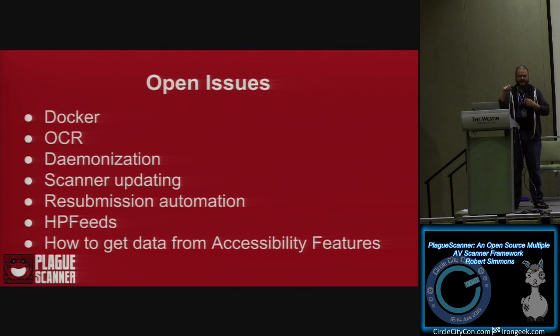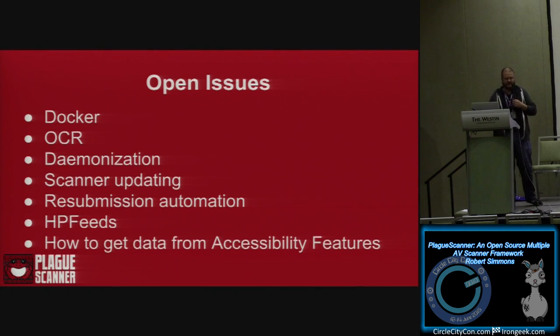I can use Python to deterministically know that those are updated, and I include the update and the version data in the JSON output of PlagueScanner. So those are easy. Making sure that the Windows scanners are updated is a little bit more difficult, and this is an open problem, just figuring out how to make sure that all of the Windows scanners have updated themselves before something is run, or at least on a regular basis.